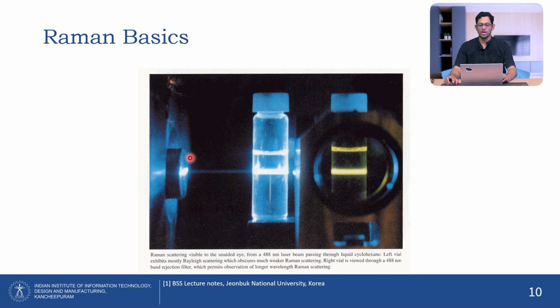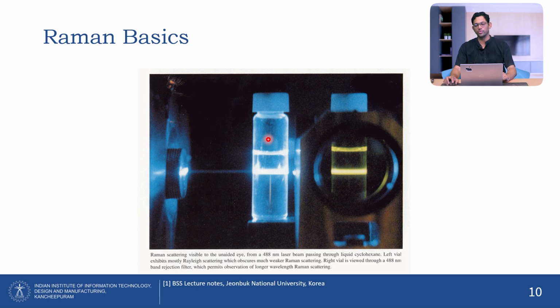Here you can see I am shining a light of around 488 nanometers at the cuvette. There are two images over here, one on the left hand side, another on the right hand side.